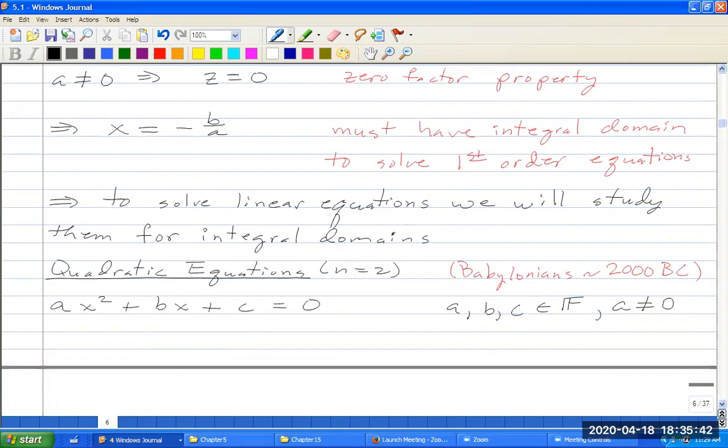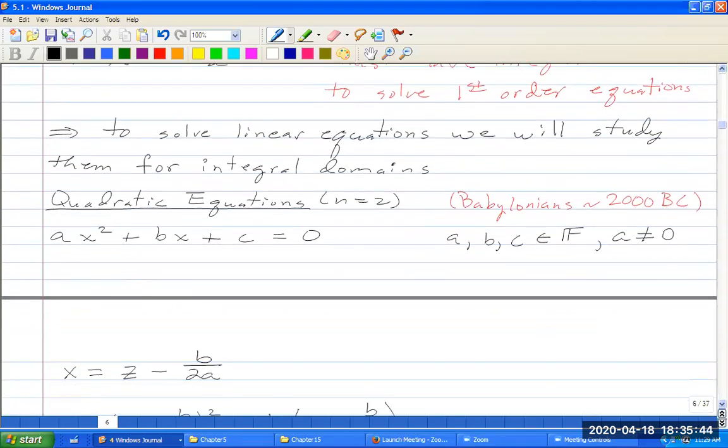Quadratic equations. Now let's look at quadratic equations, the case where n is equal to 2. These were studied by the Babylonians about 2000 BC, and the Chinese around 2500 BC. But the most extensive collection of knowledge that we know of for solving these is from 2000 BC.